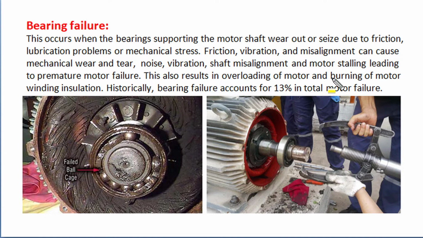Friction, vibration, and misalignment can cause mechanical wear and tear, noise, vibration, shaft misalignment, and even motor stalling condition, and that leads to premature motor failure because in stall conditions the motor draws 4 to 8 times normal full load current, and that current may cause excessive overheating of winding and damage its insulation. So bearing failure also results in overloading of the motor, burning of winding insulation, and it is historically found that bearing failure accounts for 13% of total motor failures.